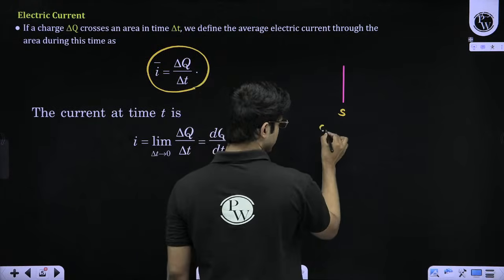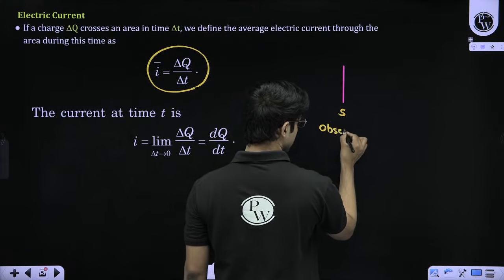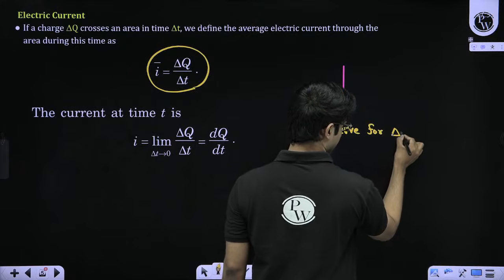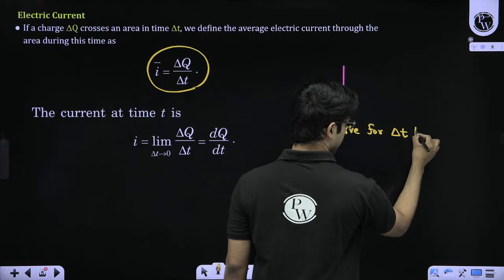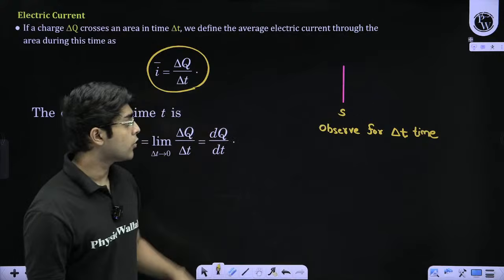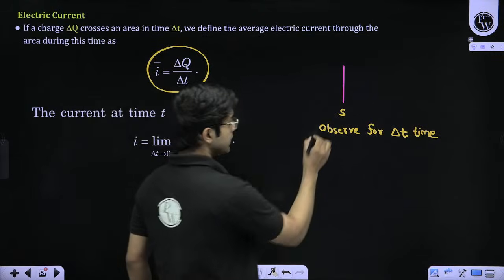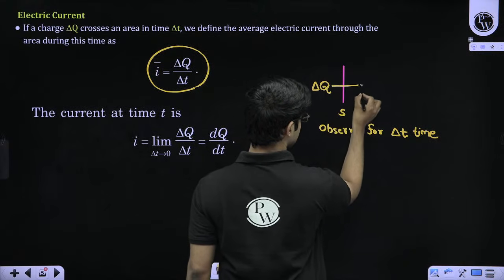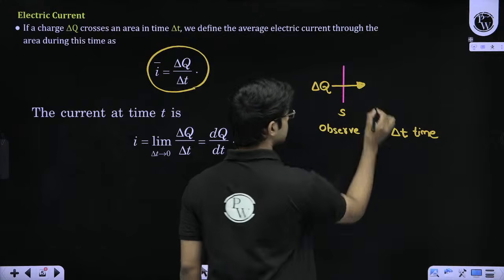If we observe for delta t time, using a stopwatch, let's say a charge of delta q cuts through this cross-sectional area S.